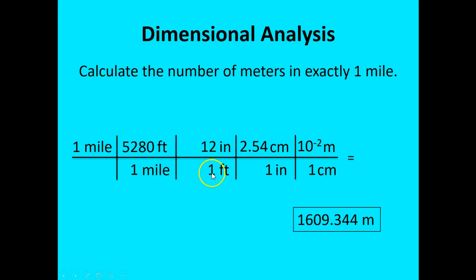Because inches in a foot is a definition, this has infinite significant figures. Because the inch is actually defined in terms of a centimeter, these are exact numbers, and metric conversions are exact numbers. And so every single number here is exact, and therefore every single digit that I get in my answer is significant and meaningful. There are exactly 1,609.344 meters in 1 mile.